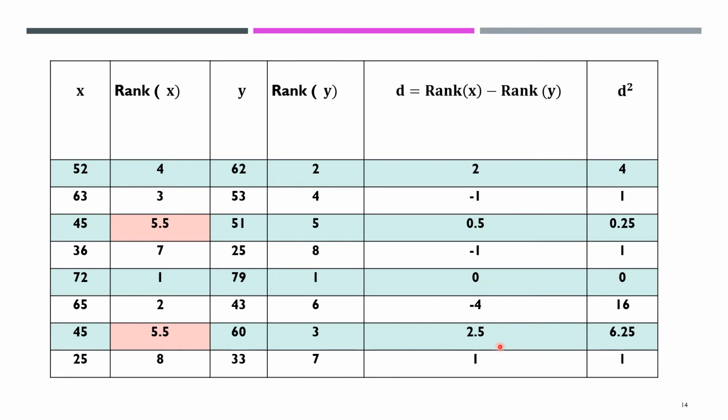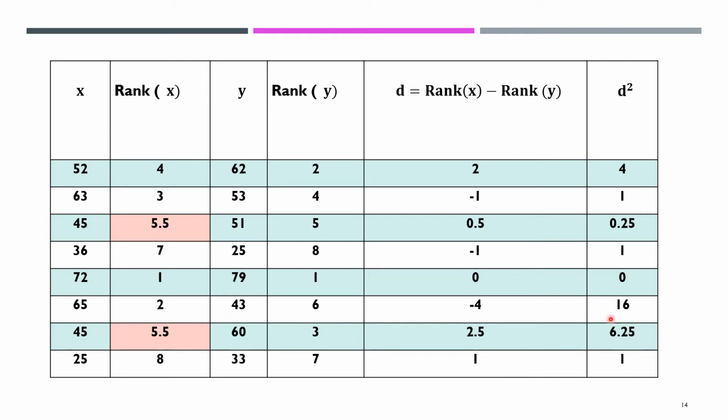Calculating the square of this, D square is 4, 1, 0.25, 1, 0, 16, 6.25 and 1.